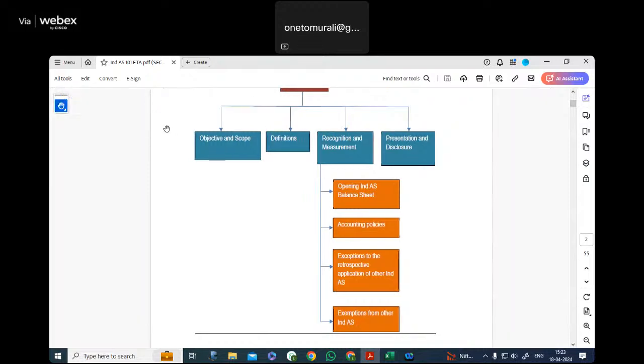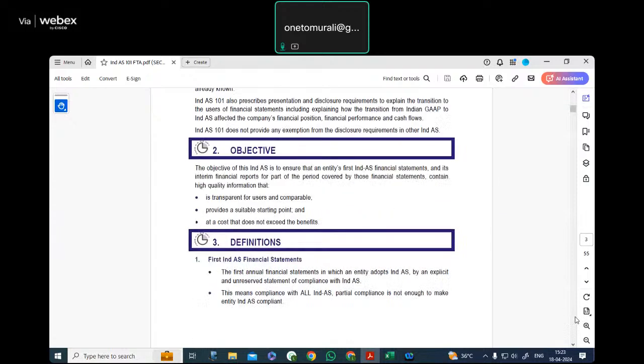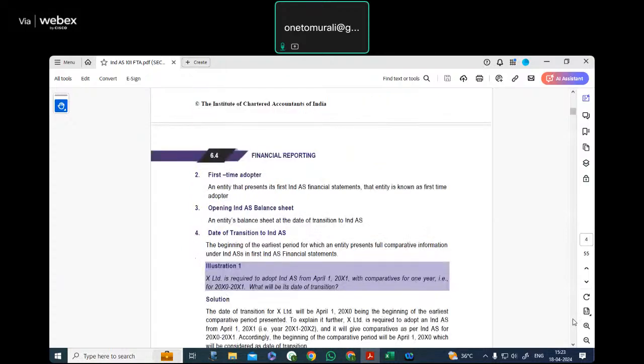The company which is effecting the change from the existing legacy system to Ind AS, we will take under first time adoption.